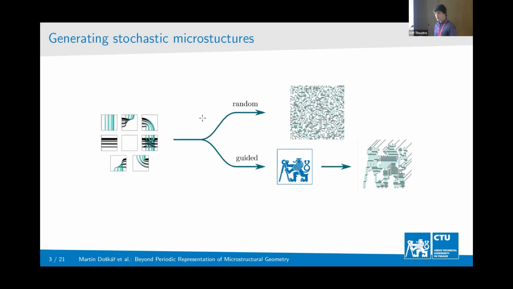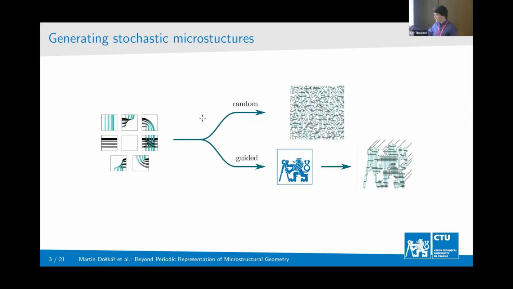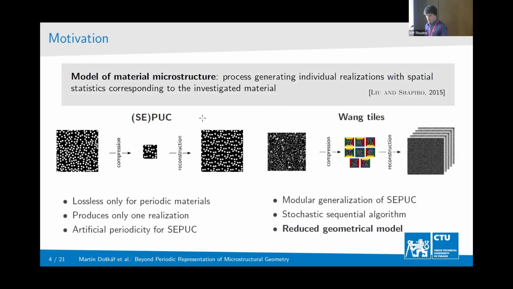But you don't have to pick randomly. You can also have some kind of guided selection, so you prefer tiles that perhaps match some density of a given image. So that's the way you can introduce some kind of higher order or longer range correlations in your reconstructed samples. So that's a stochastic sequential algorithm with which you can go from the compressed system into certain reconstructions.